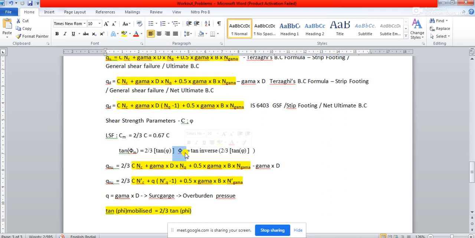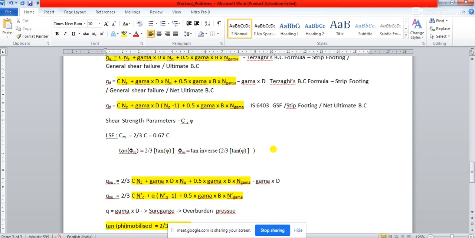And you must understand at this point that with the reduction in angle of internal friction, these bearing capacity factor values, that is NC, NQ, N gamma values, will change.